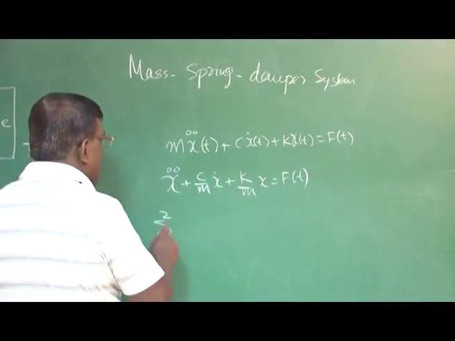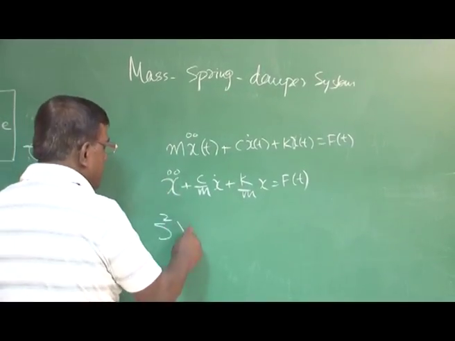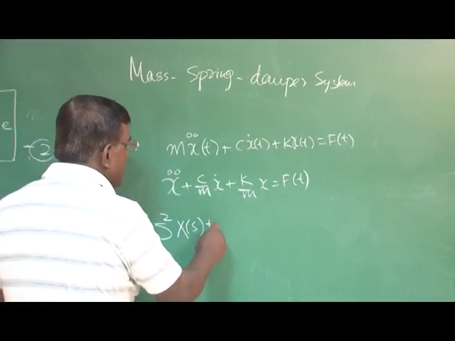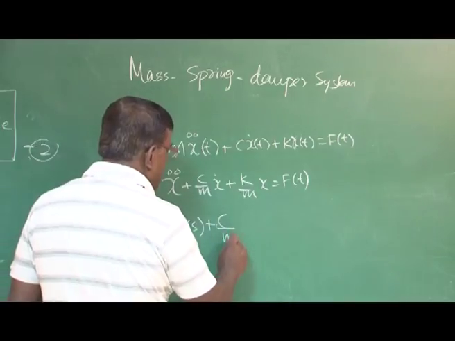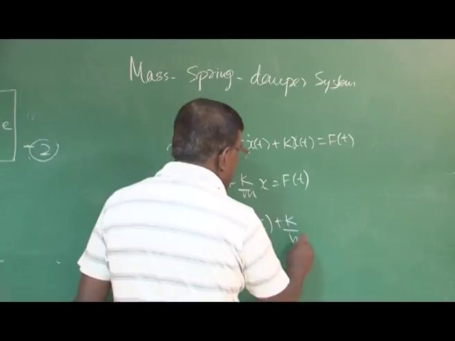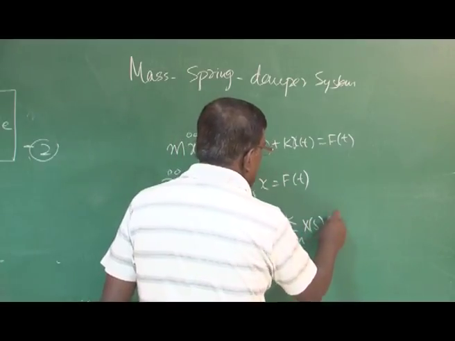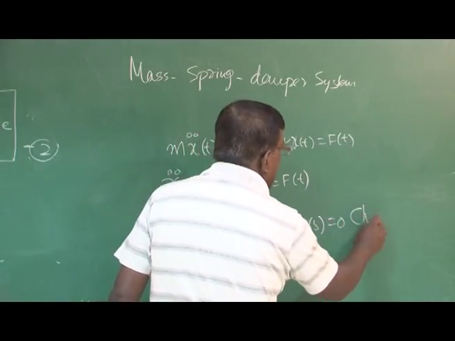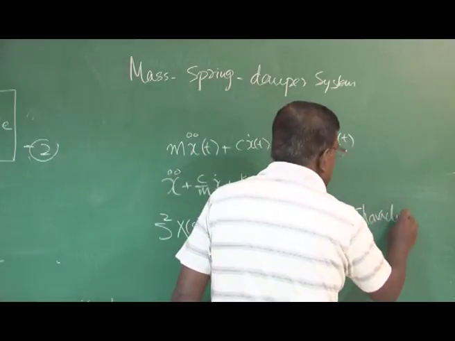So we took Laplace transform of this: s square x of s plus c by m s x of s plus k by m x of s is equal to 0, because we are looking for characteristic equation.